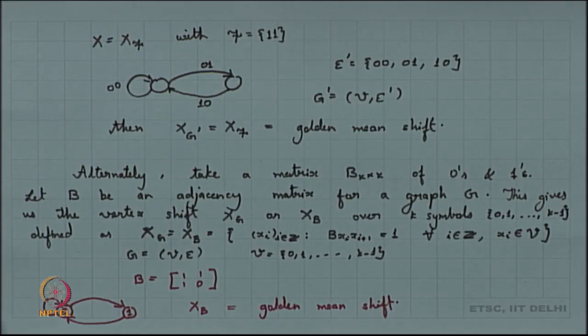So, you can represent a subshift of finite type as a vertex shift, or you can represent a subshift of finite type as an edge shift. You have both the cases here.